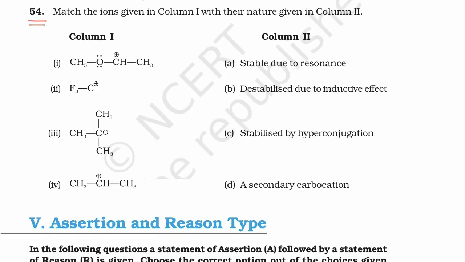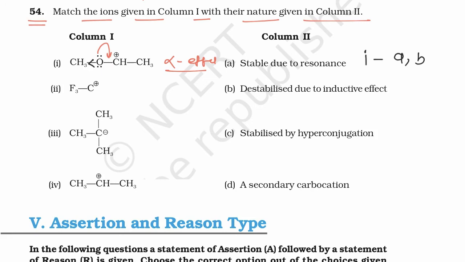Question 54. Match the ions given in column 1 with the nature given in column 2. Now first carbocation has an alpha effect, so it is stabilized by resonance, along with a minus I effect, so it is destabilized by the inductive effect. So first, A and B. Now we have CF3 positive.